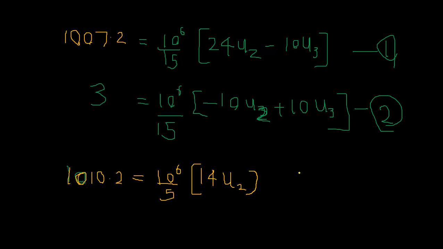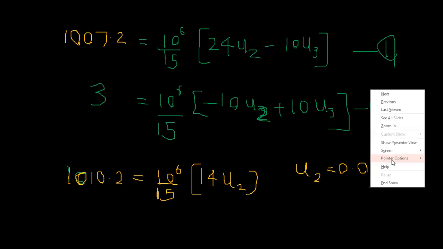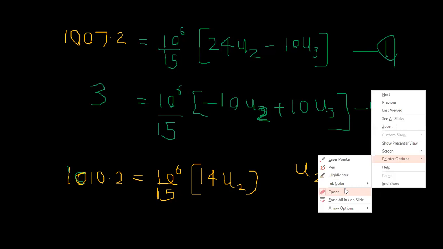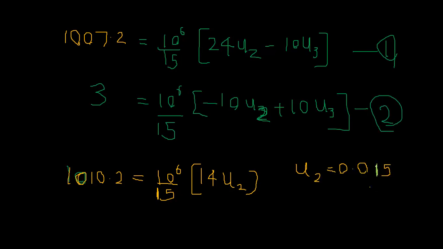It's going to be around 0.005, right? And with this value, so that's going to be, sorry, this is 15, right? 0.15. U3 is going to be how much?